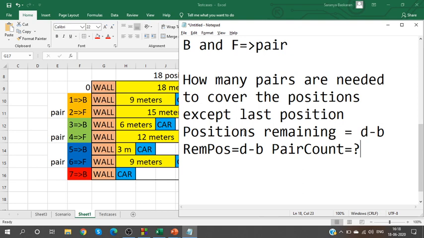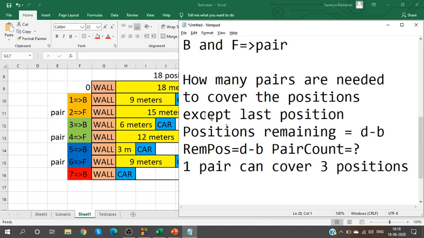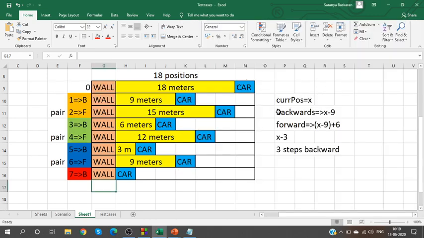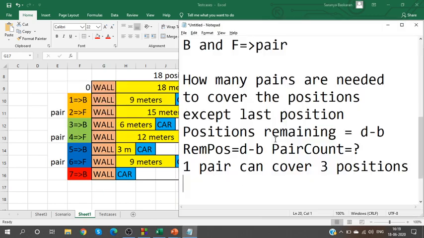What do you know about a pair? One pair can cover 3 positions. We know that, right? I already told you how. Minus 9 plus 6 means 3 positions. So, one pair can cover 3 positions. So, X pairs can cover D minus B positions.